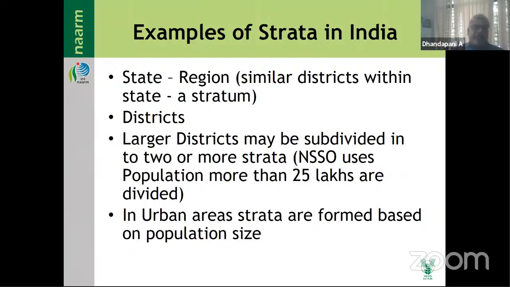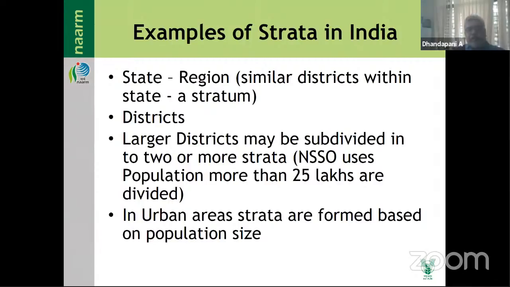You can club areas that are a little bit more similar. And sometimes in some surveys, you can see that they go for block level or sub-tehsil level. That forms the strata.